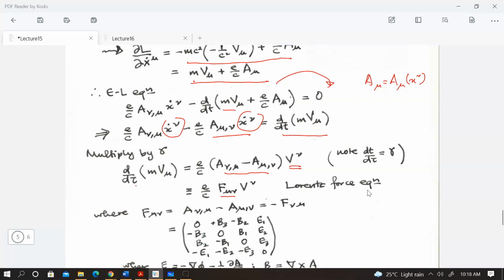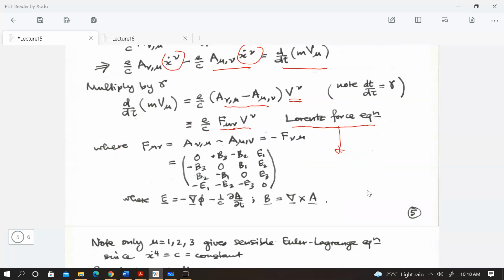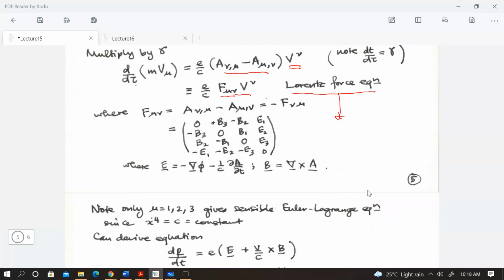So your Euler-Lagrange equation gives you something which is essentially something that we have seen before, which is the Lorentz force equation. Okay, and your Lorentz force equation in this particular form will go back to your earlier version of your vector potential and your scalar potential.